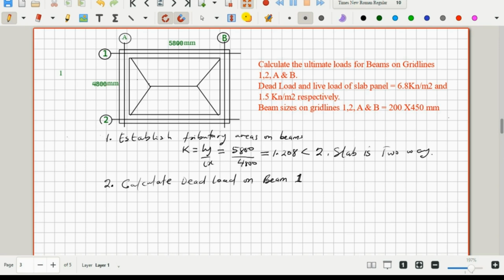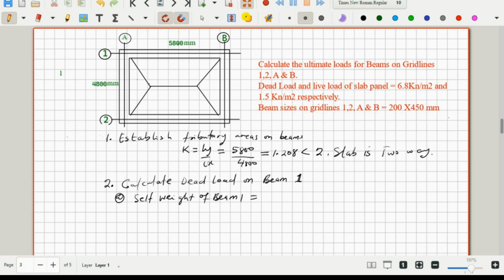So now when we consider beam on grade line 1, the total load acting on it comprises its self weight and then the tributary load from the slab that is acting on it. So we'll consider first of all the self weight of beam 1, and that is given as the cross-sectional area multiplied by the density of concrete.